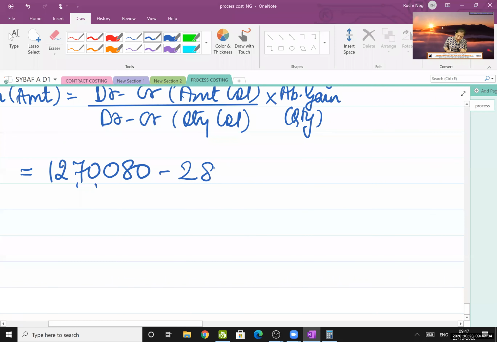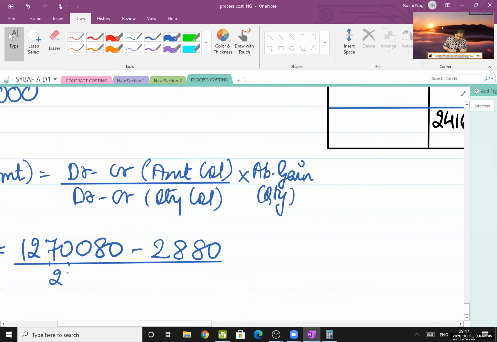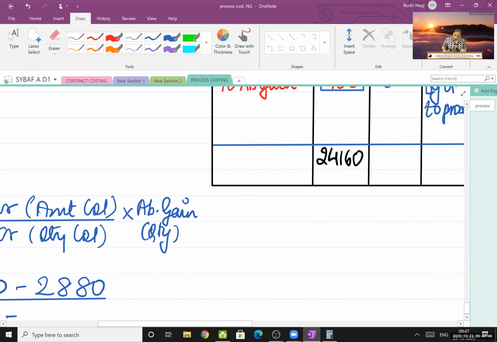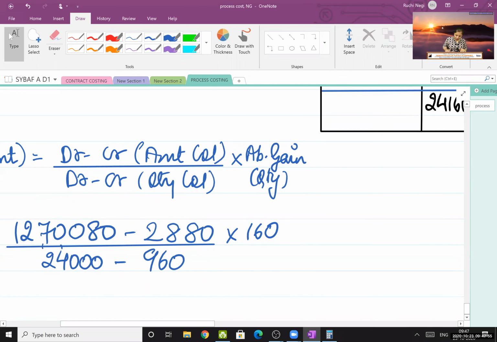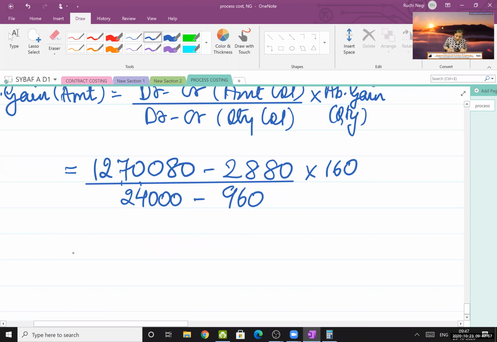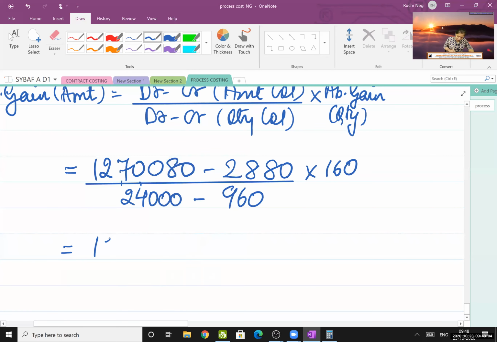So 2,880 divided by my debit side quantity is how much? Debit side quantity is 24,000 and credit side quantity is 960, okay. 960 multiplied with abnormal gain is 160, okay, solve this. Minus 2,880 is how much? 12,67,200.